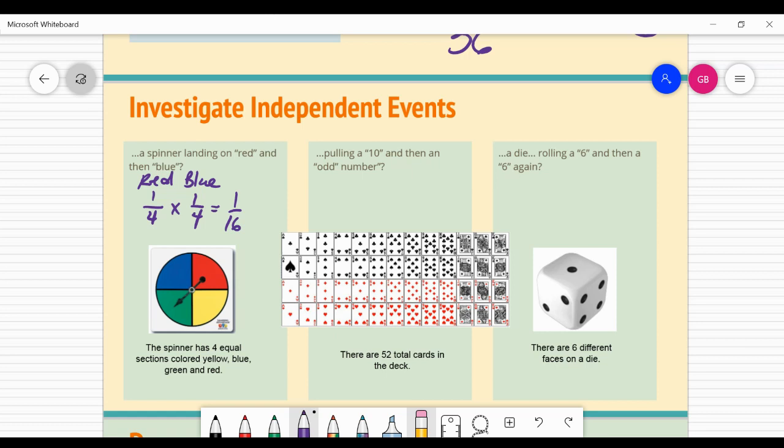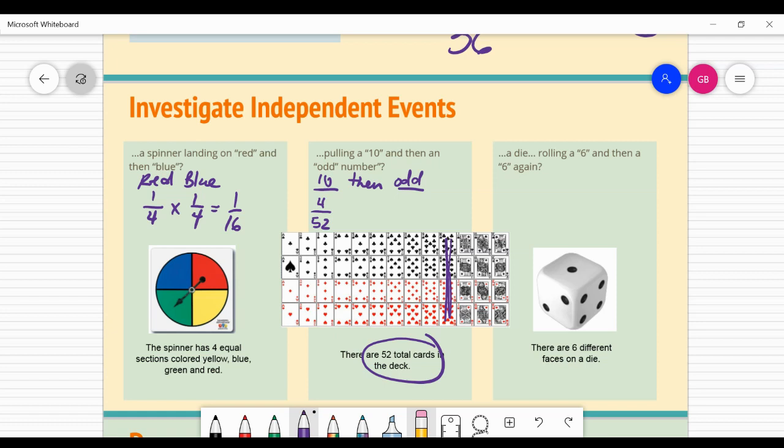Probability of pulling a 10 and then an odd number. So to pull a 10, right here, there's 4 10s out of a total of 52. And then an odd number.